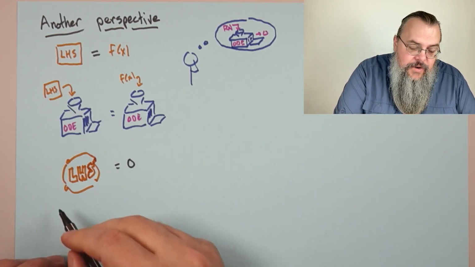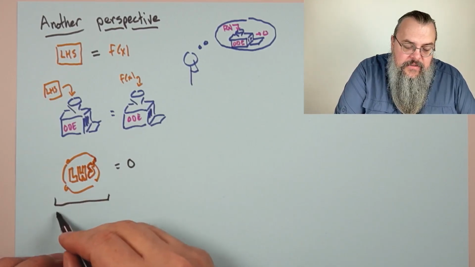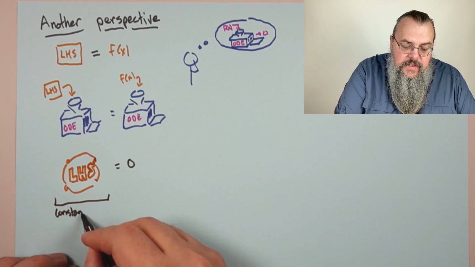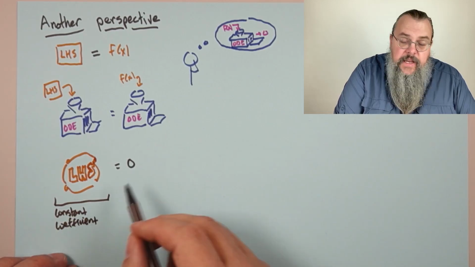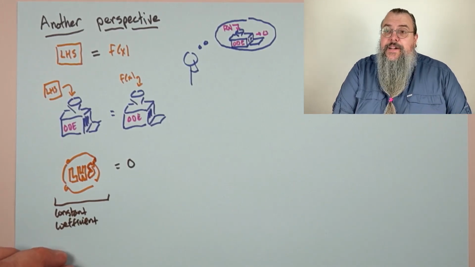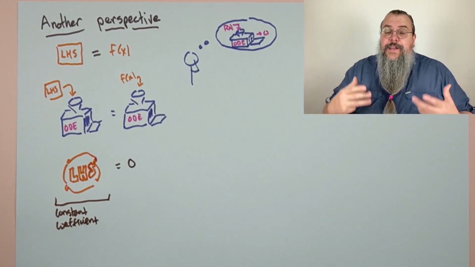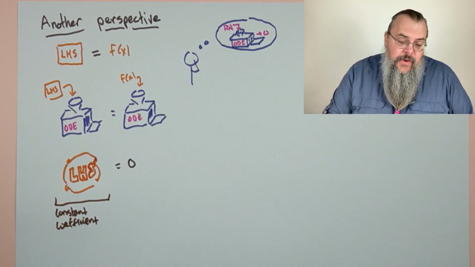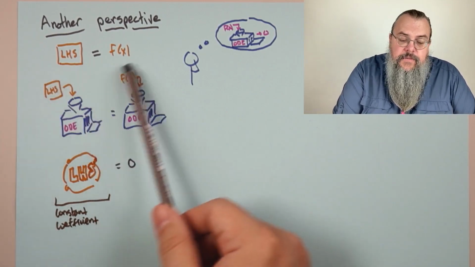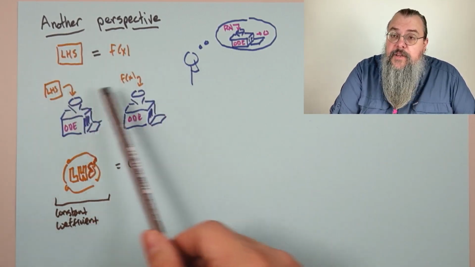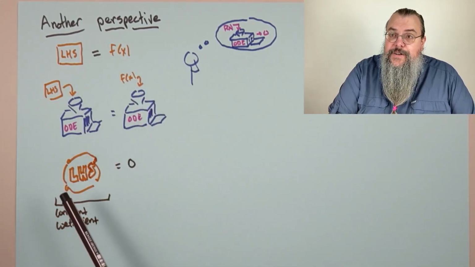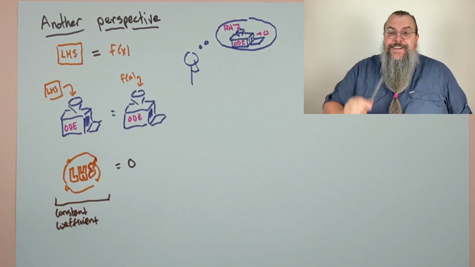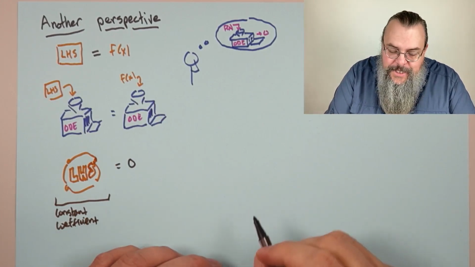So this is a constant coefficient differential equation, but it's also linear and homogeneous. Wonderful. Now, why is this nice? Because whatever solves this up here also solves this part down here. Okay then. Now we're cooking.